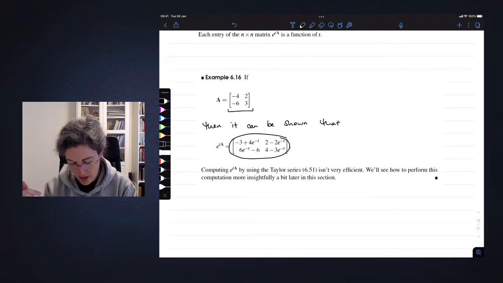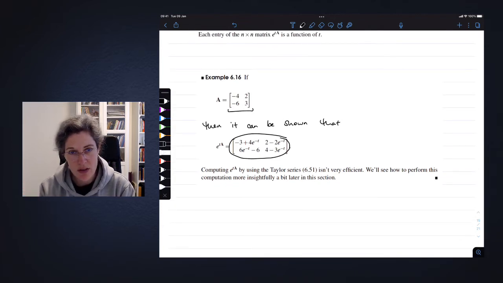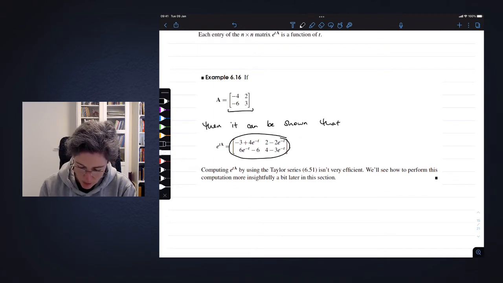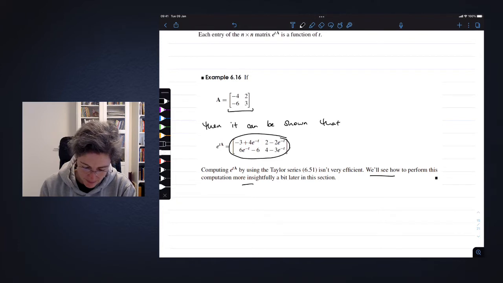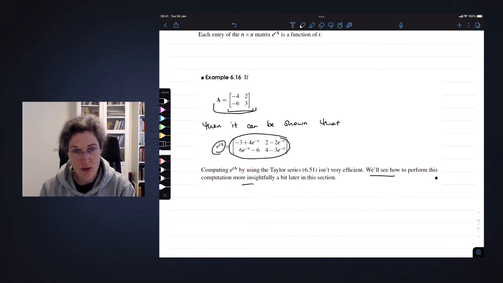So as the note says here, you could do it using the Taylor series. It's just not a lot of fun. We're not going to have a look at how to perform this later in the section. You can read the textbook if you want to. Usually you're just going to say, computer, please do it for me. So the key thing here, though, is that given some matrix A, we can form the matrix exponential e to the tA.